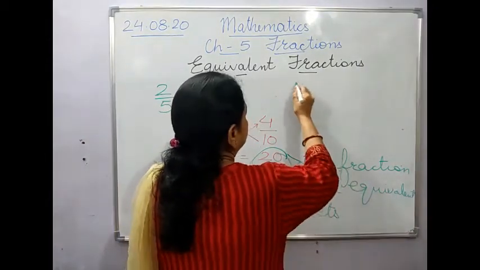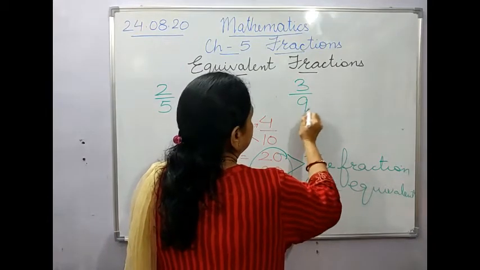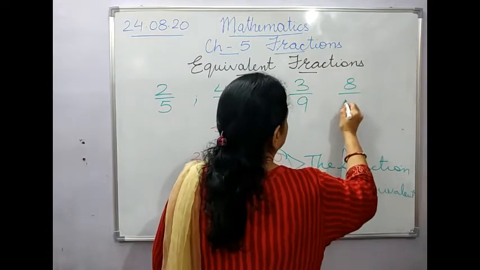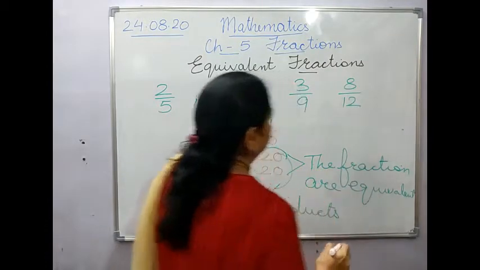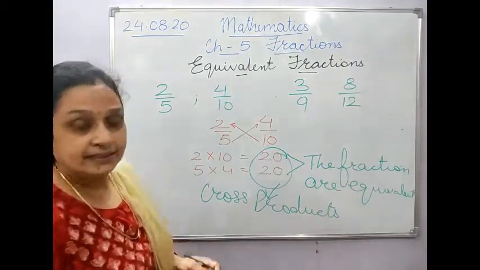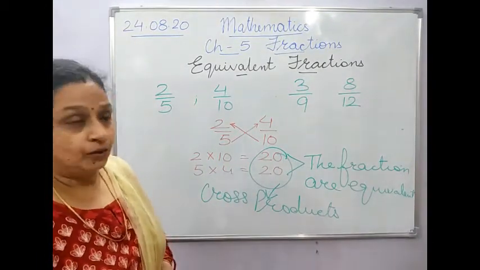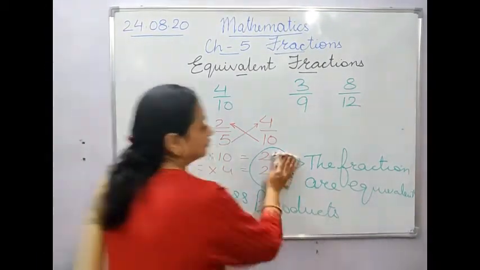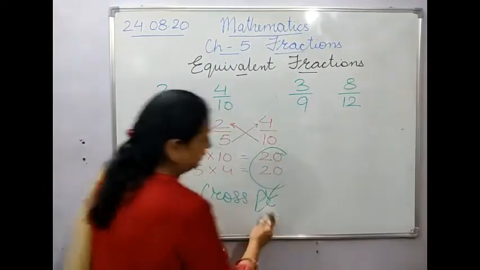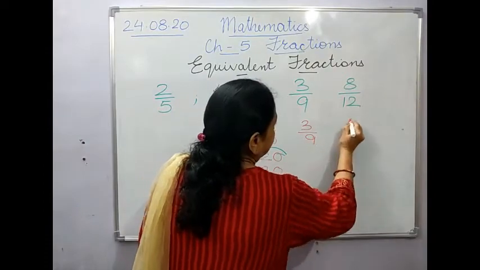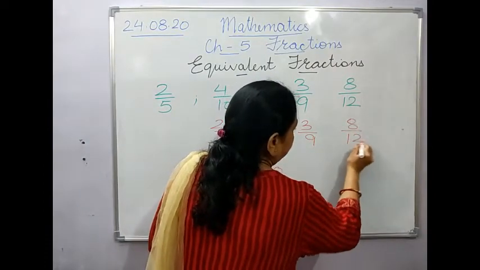Suppose I take 3 upon 9 and 8 upon 12. I'll take this example. Now you have to find out whether they are equivalent or not. So what you will do, you will copy down it again. 3 upon 9, 8 upon 12.